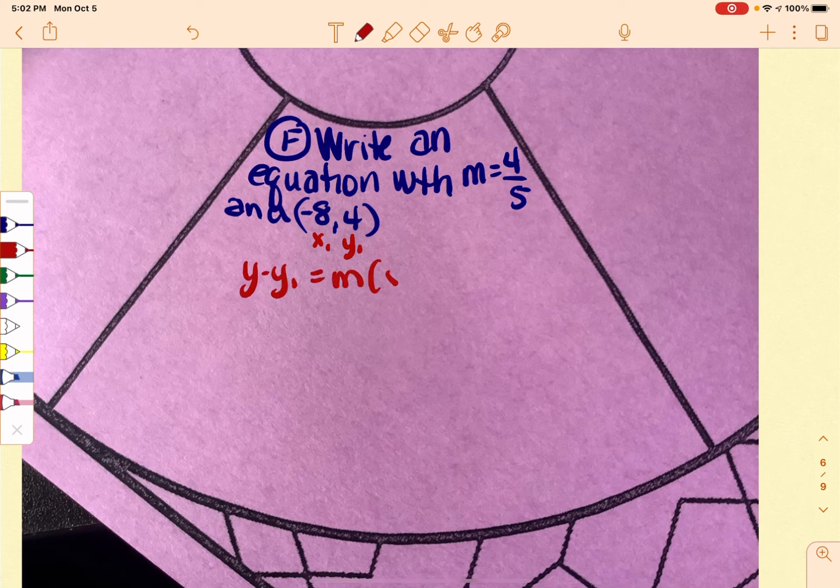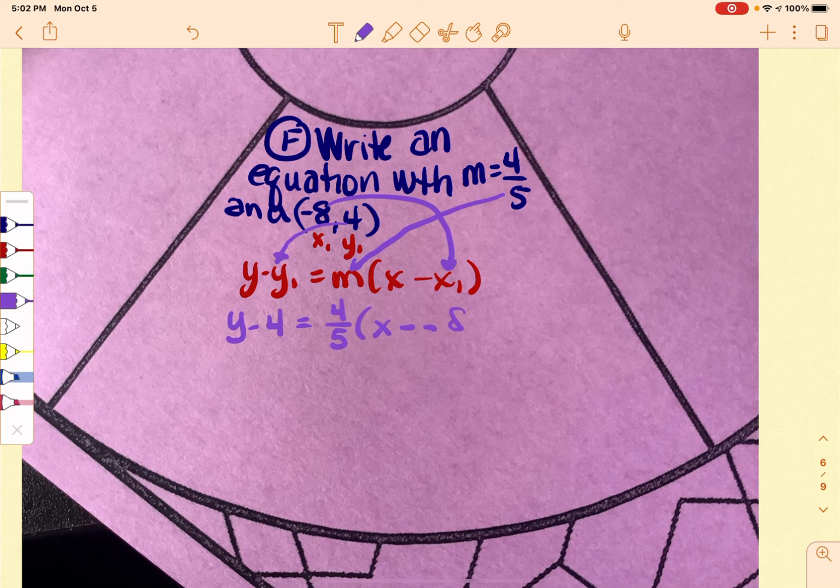I'm going to get my equation part here ready to go. So this is going to go in for m. Negative 8 is going to go in there. And 4 is going to go in there. So y minus 4 equals 4 over 5 times (x minus a negative 8).